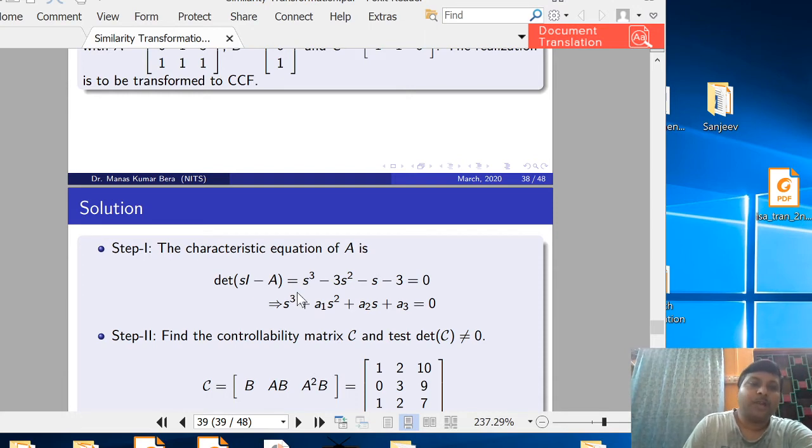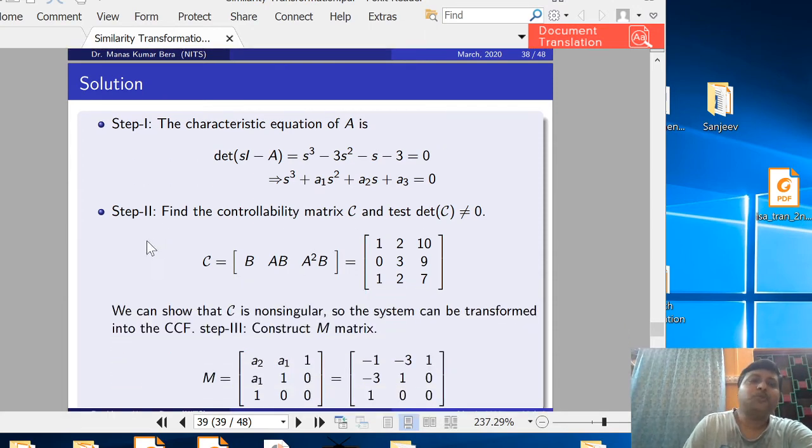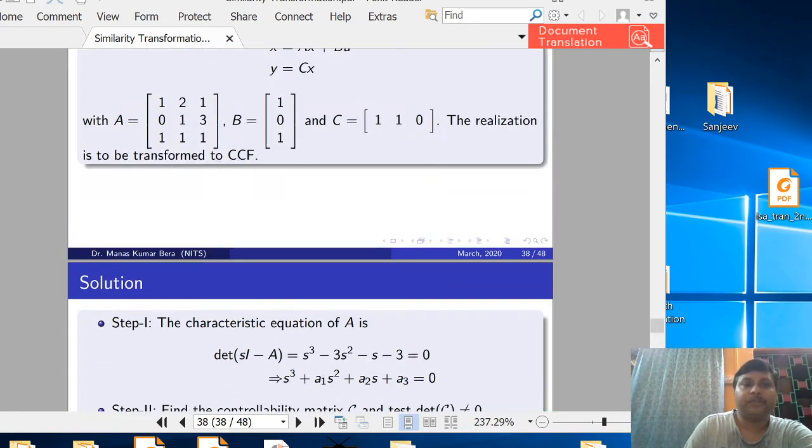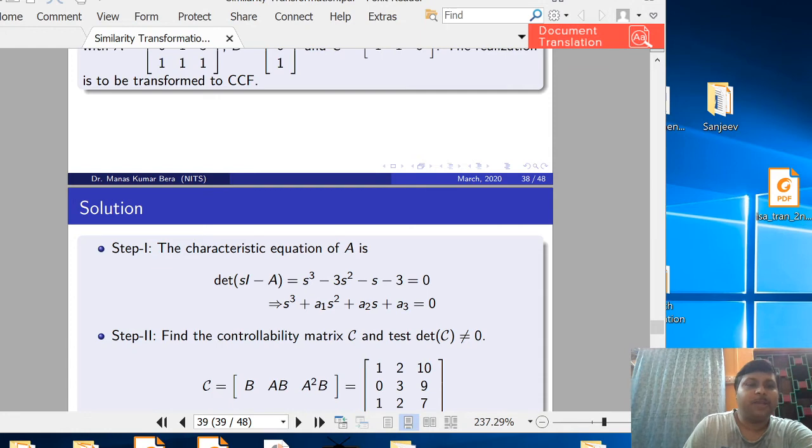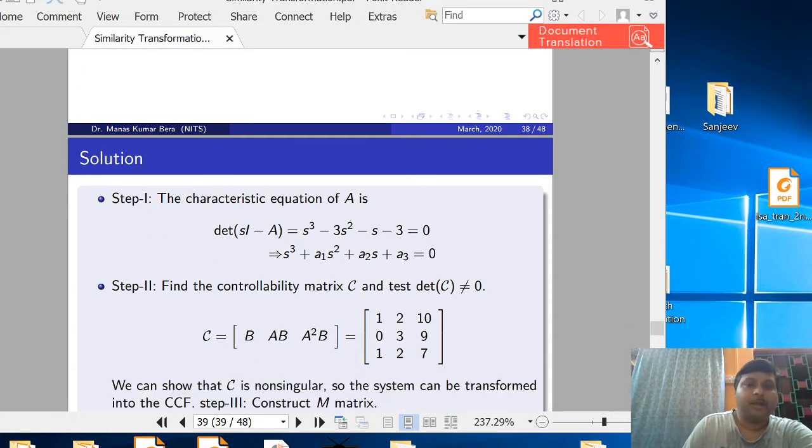Now step 2, to build the controllability matrix. For this case it is 3 by 3, so it will be B, AB, up to A to the power n minus 1, where n is 3, so 3 minus 1 is 2, A squared B. B is already given, so the first column is 1 0 1.